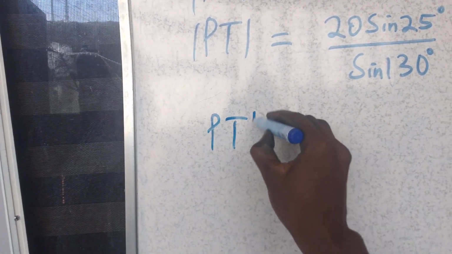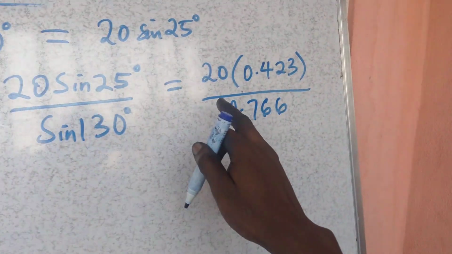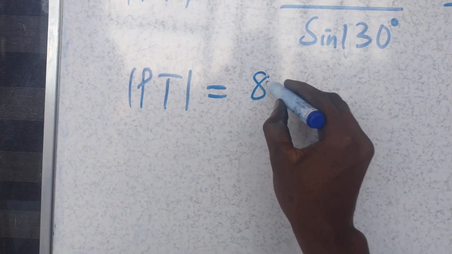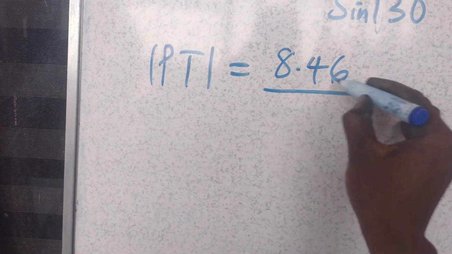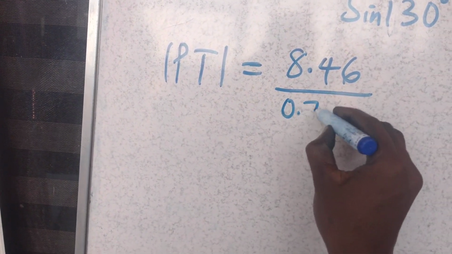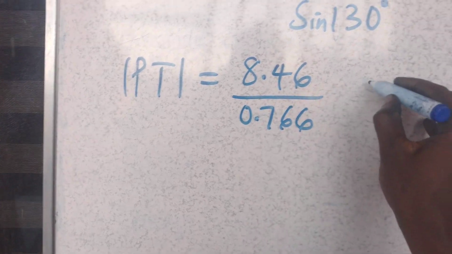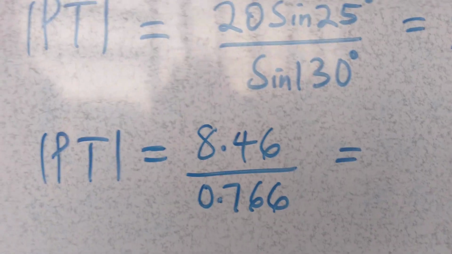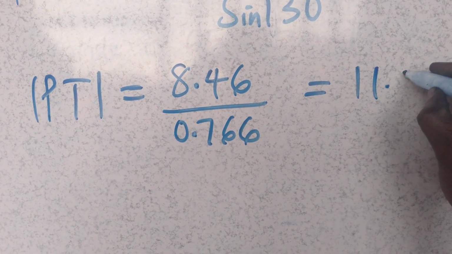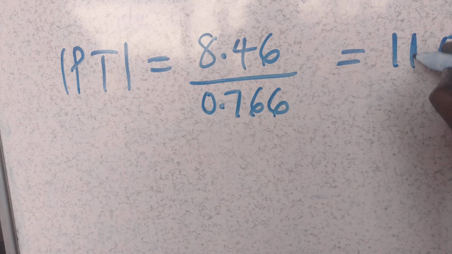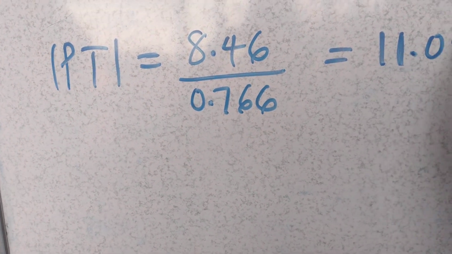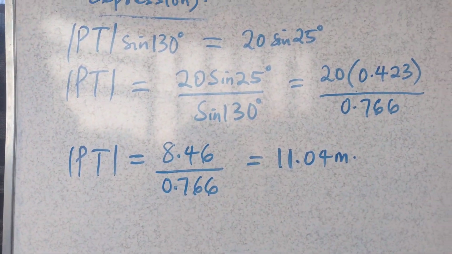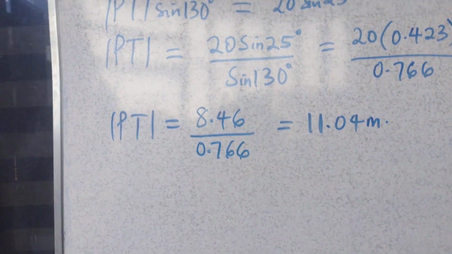I have distance pt as 20 times 0.423, which will be 8.46, divided by 0.766. If I divide this, it gives me 11.04 meters. Okay, so that is distance pt. So distance pt is 11.04 meters.